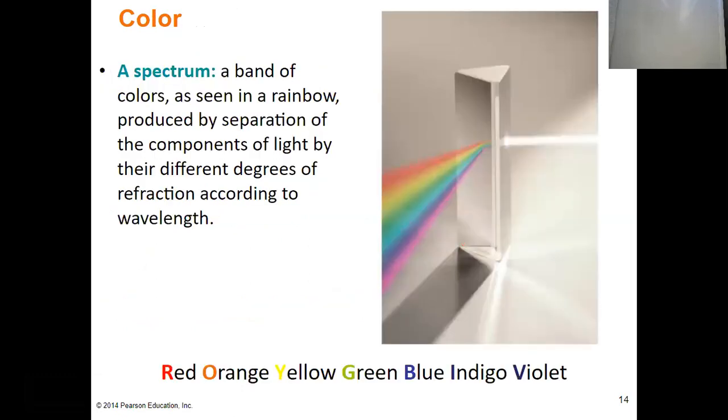Everyone knows what our color spectrum looks like. When you put white light through a prism, it separates out into our standard rainbow of colors. Each of those colors is associated with a particular wavelength of light.